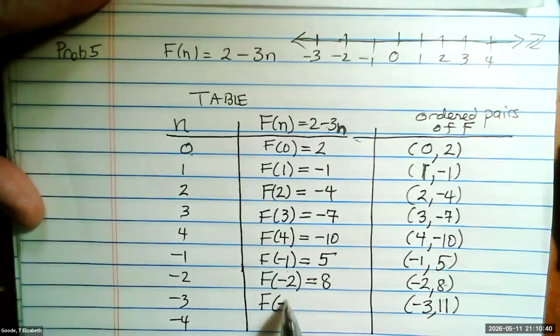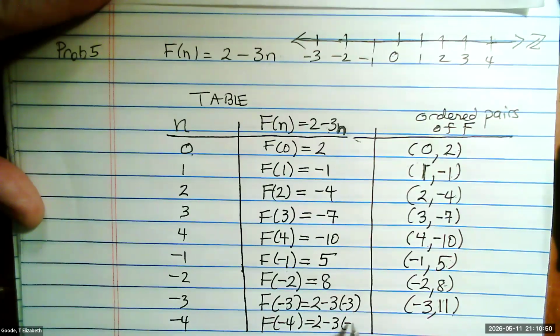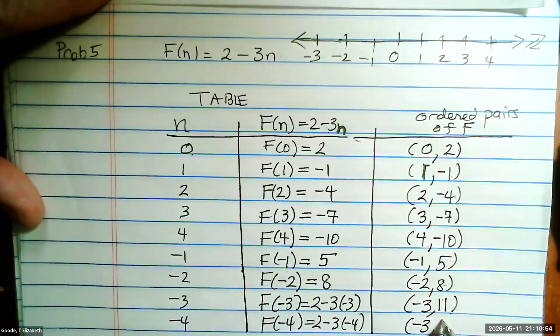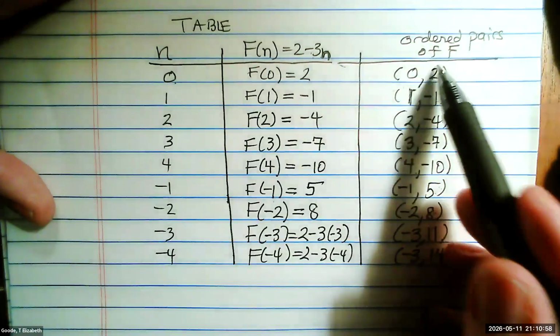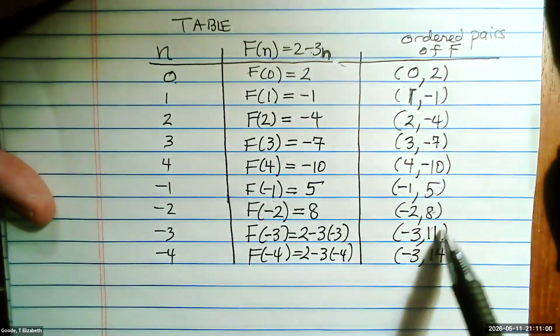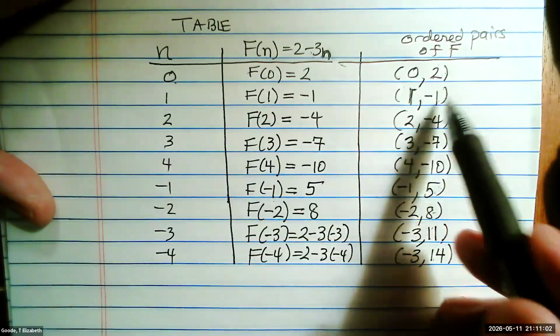Let's check it. Yeah, it's 11. And f of -4 should be 2 minus 3 times -4. And it should be 3 more than this, and it is. All right, so that means the y values have jumps of size 3 between them, right?